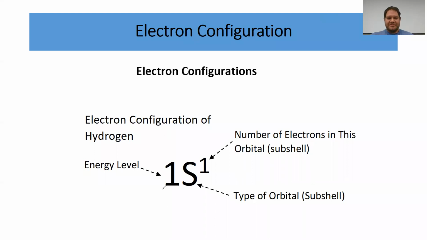So remember, when we write an electron configuration, we always put the energy level that the subshell is going to be on first, followed by the subshell, whether it's an S subshell or P or D or F subshell. And then the superscript is going to be the number of electrons that are found in that subshell.